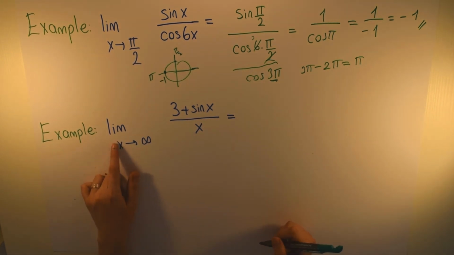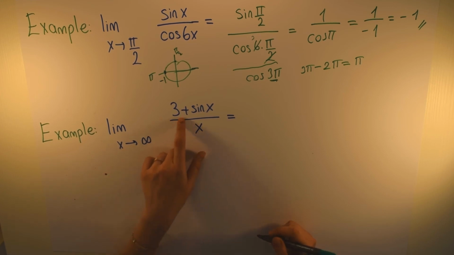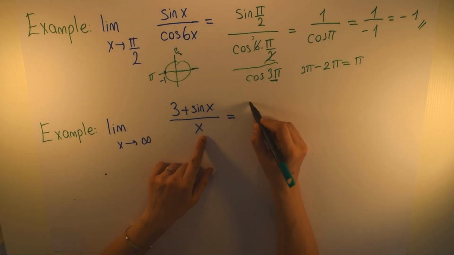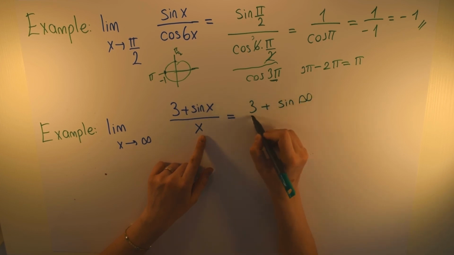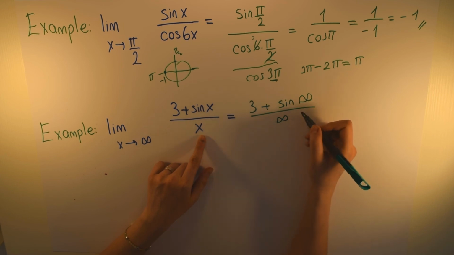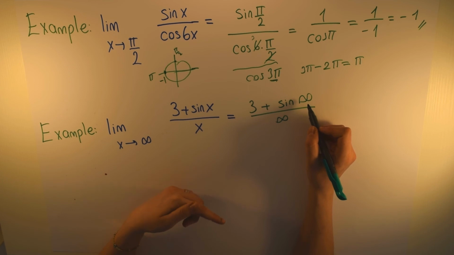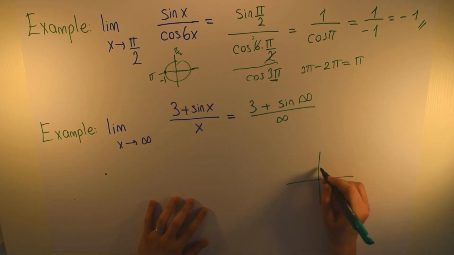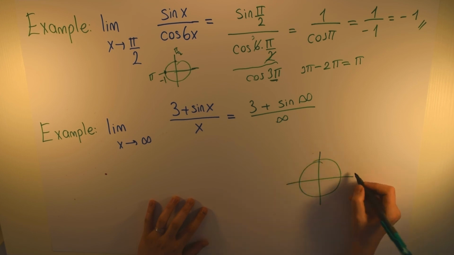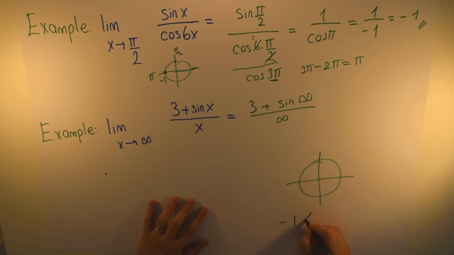Here we have the limit as x approaches infinity of 3 plus sine x over x. Same thing, we will put infinity instead of x. So it is 3 plus sine infinity over infinity. This is not equal to infinity. Sine infinity cannot be equal to infinity. Why? As you remember, our sine function is between minus 1 and 1.